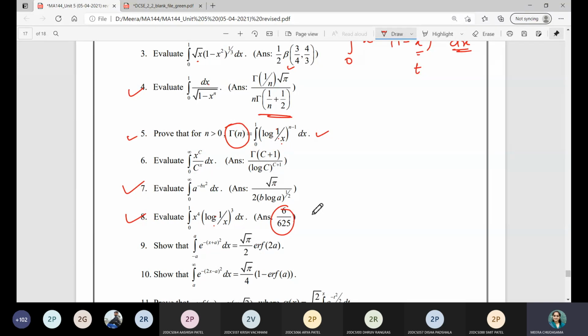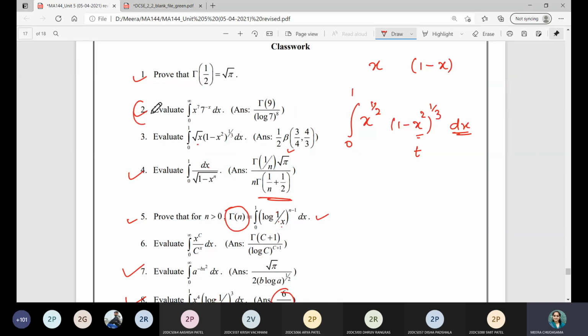This is a kind of similar example to the one we considered in the second example. There it was 7 raised to minus x, similarly here it is e raised to minus bx square.